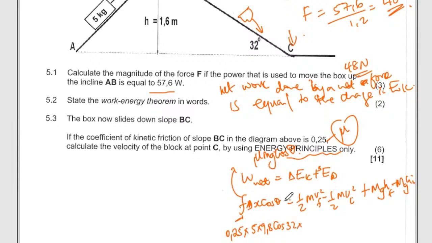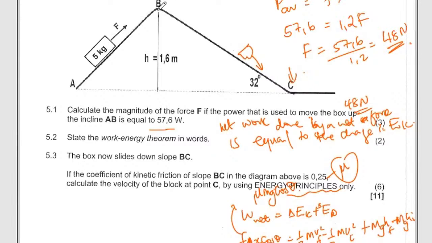Now the displacement, I do not know it, but I can get it. How? Since I know this is my h, and this is my 32 degrees, I can use the sine. The sine of 32 is equal to the opposite, which is 1.6, over the hypotenuse, which is BC.